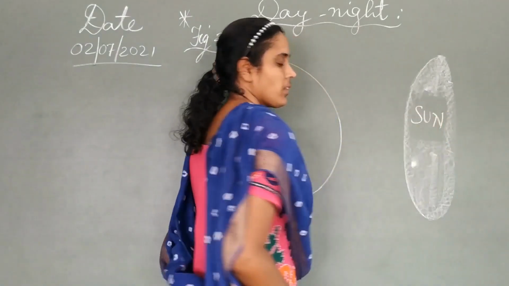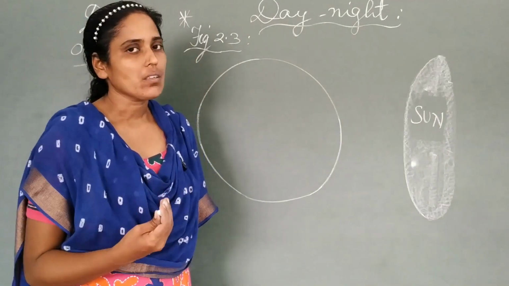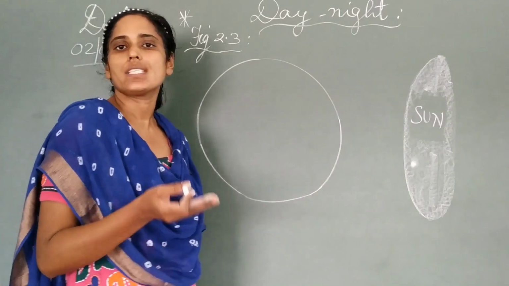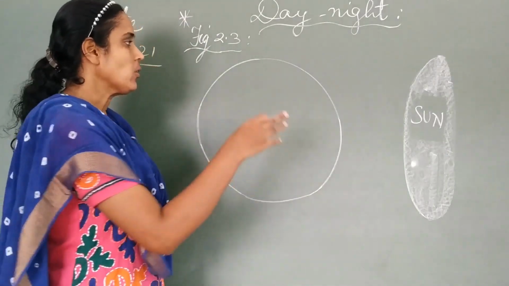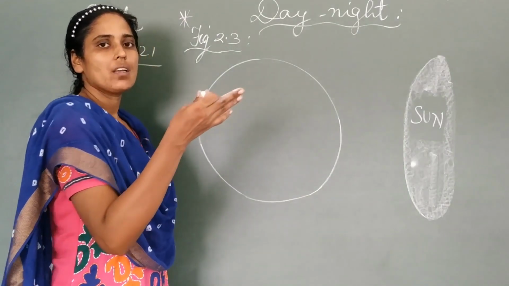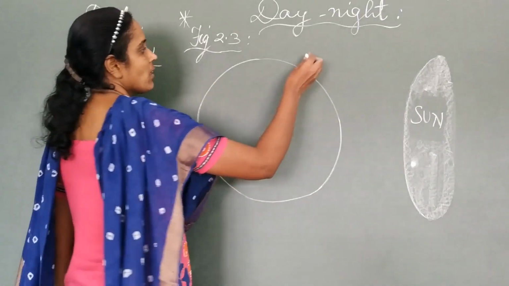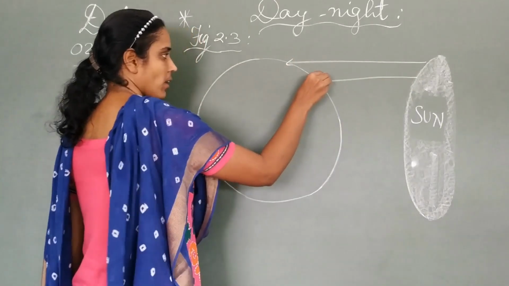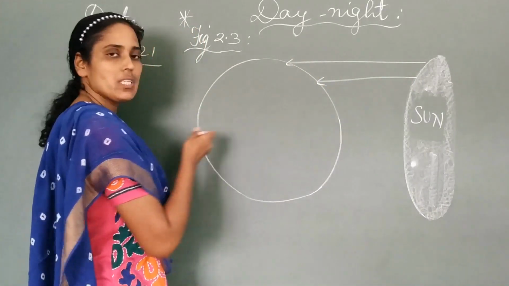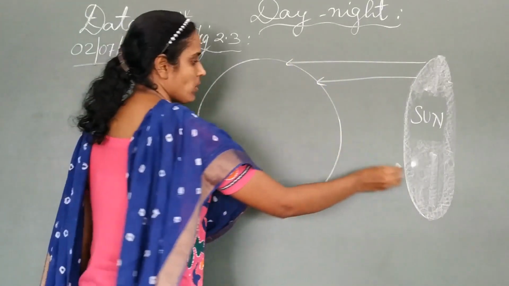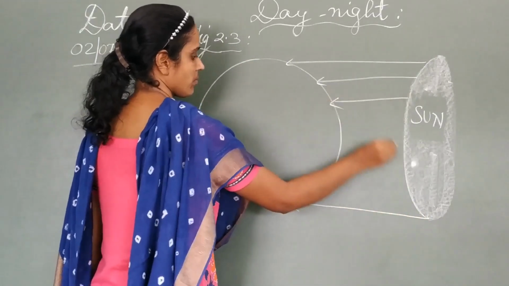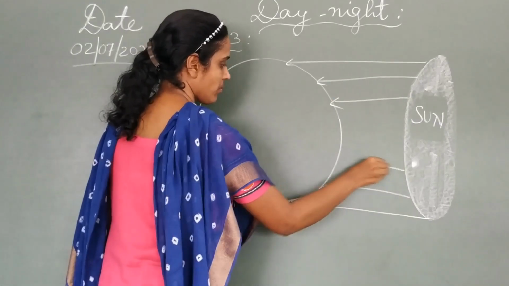Now, it's quite a natural phenomenon that sun rays fall towards the earth. So students, you have to make the sun rays fall towards the earth in all directions. Start making the sun rays, students. You have to point arrows towards the earth till the end.